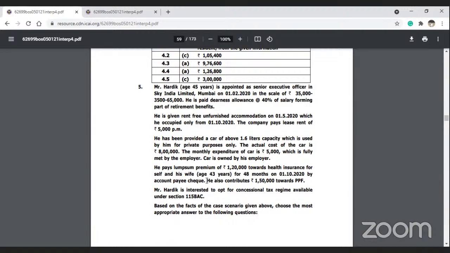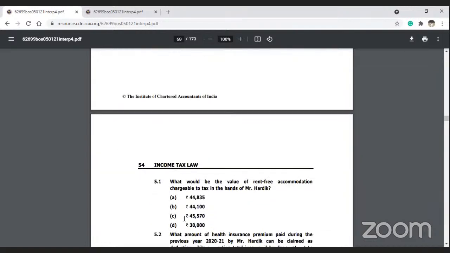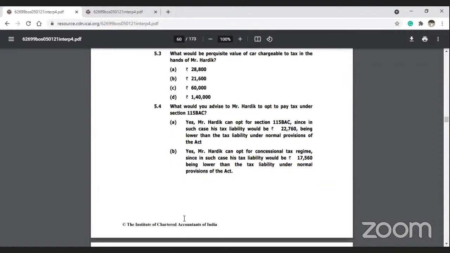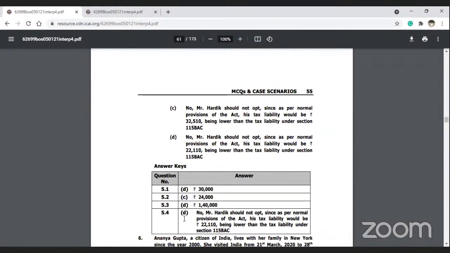Into 15%, that is 45,570. So the lower of 45,570 or 30,000 comes to 30,000. So the taxable amount will be 30,000. Option number D. Yes, correct.